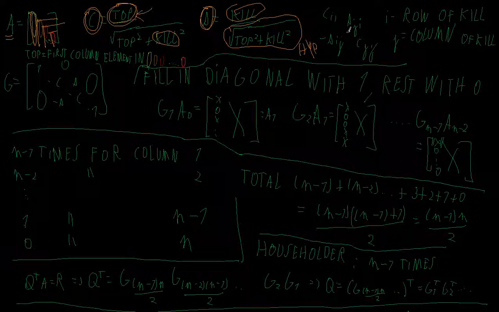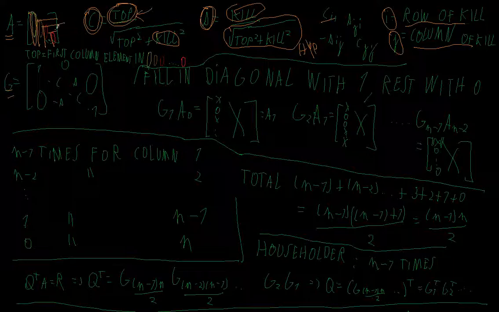So now, how do you place your elements inside your Givens matrix? Remember, you put the first cosine in the ith place. I is originally the row of the element you want to kill, to eliminate, and J is the column of the element you want to kill.